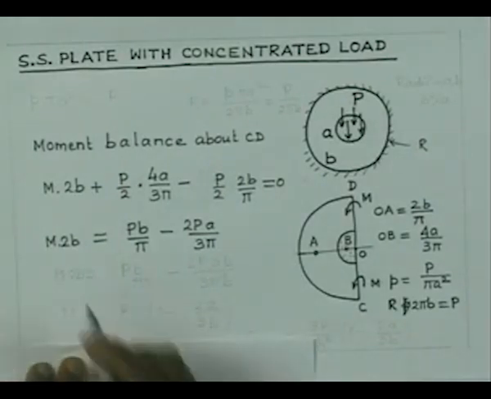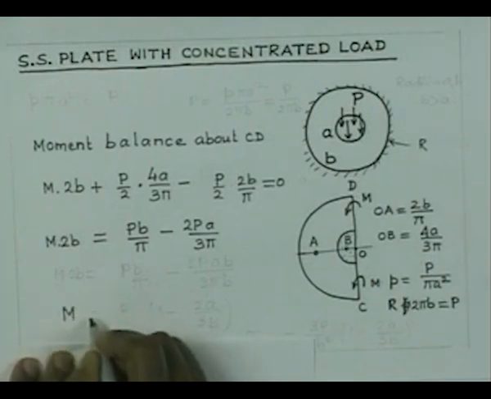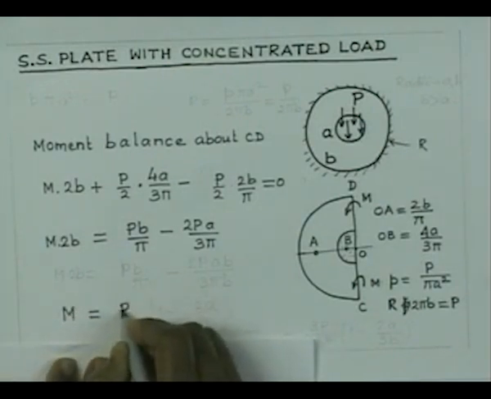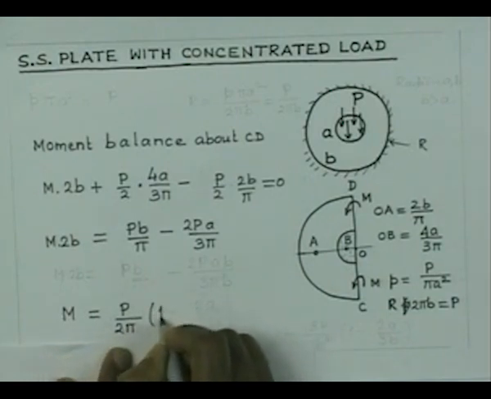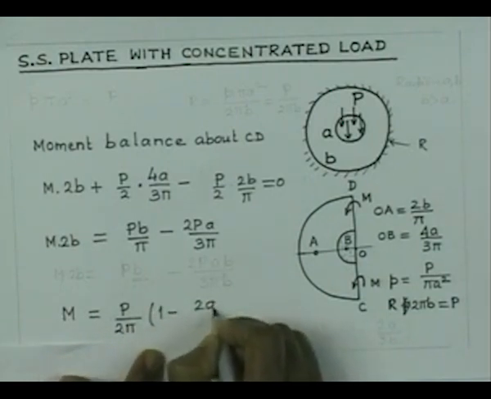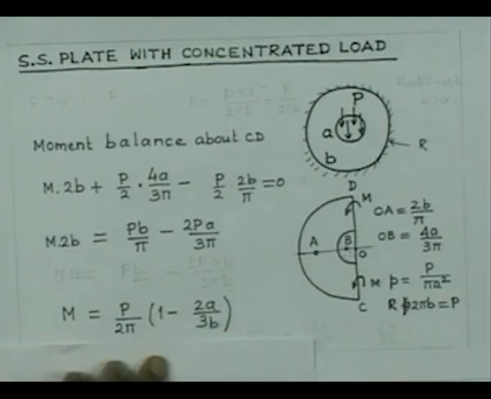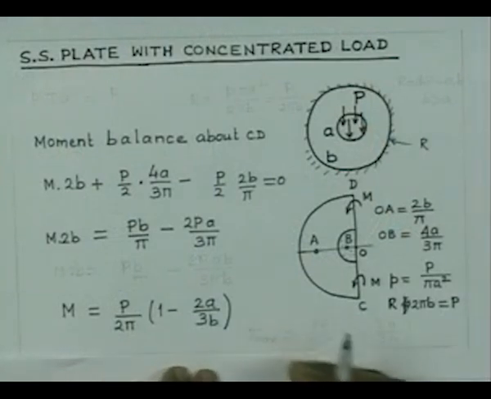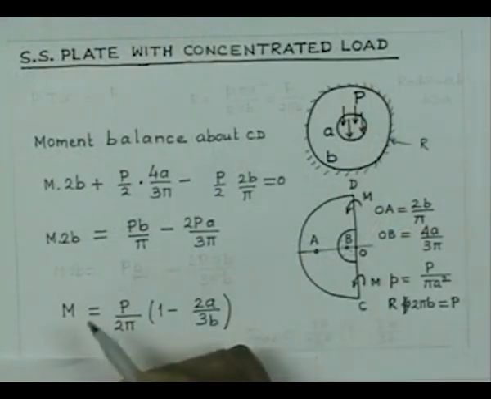And now we can write therefore M is equal to P by 2 pi into 1 minus 2a by 3b. So, that is the moment per unit length of CD. And now, if you want to calculate the stress, it will be available by considering that maximum stress is nothing but 6M by h square.